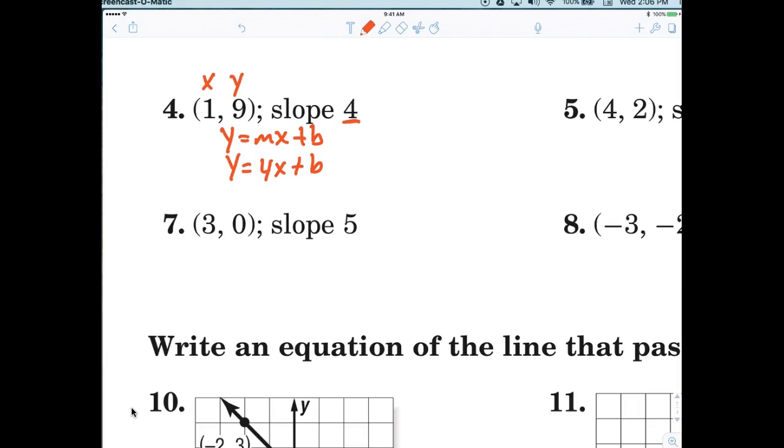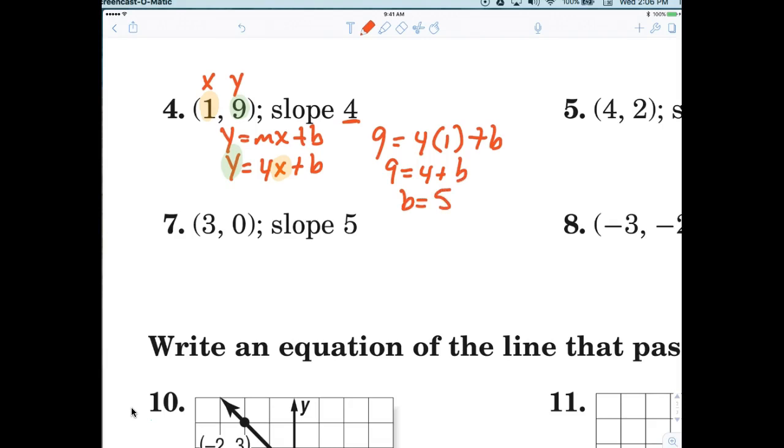Watch me, x is 1. 1 goes there. 9 is the what? The y value. So that goes here. So now I've got 9 equals 4 times 1 plus b. 9 equals 4 plus b, so b must have been what? 5. b is 5.